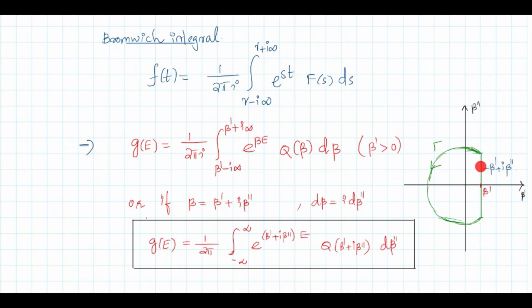Usually, if you have to integrate along an open line, the method is to close it using some contour. Here it is a semicircle.